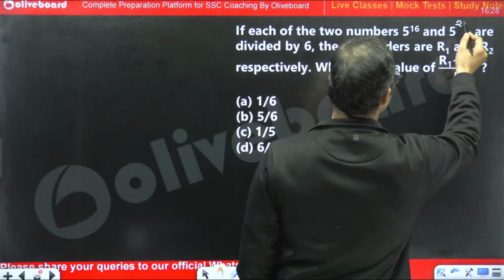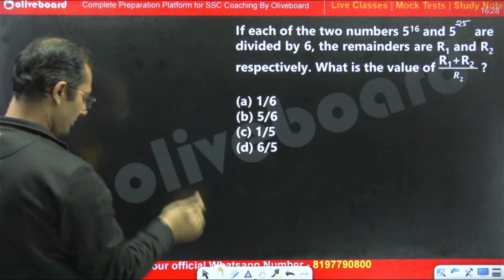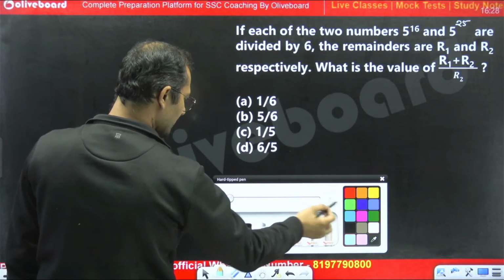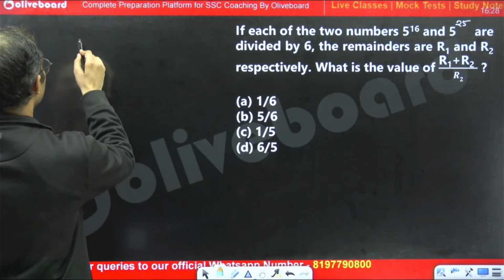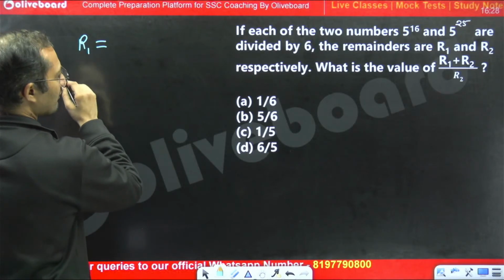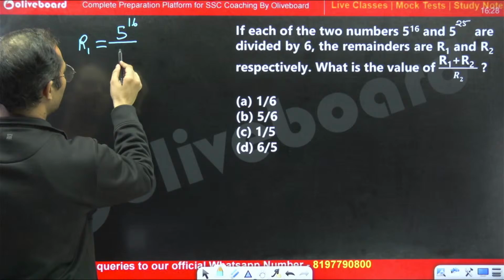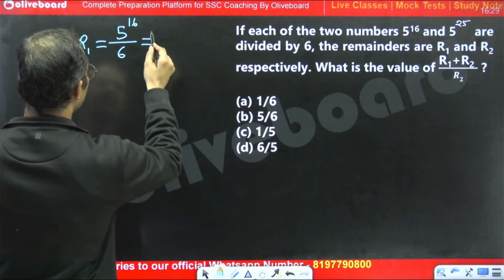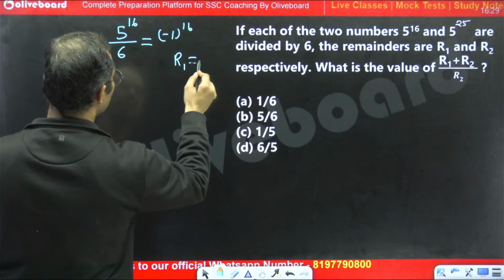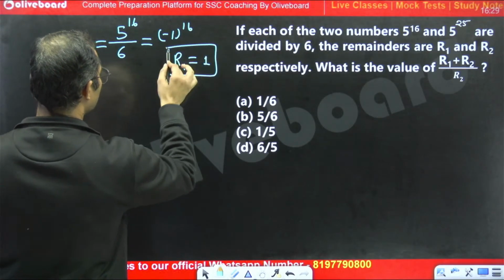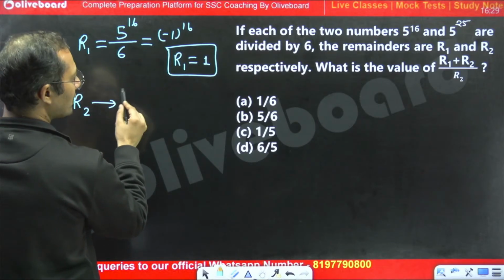So simply we can say that R1 is equal to what? 5 to the power 16 divided by 6. So the remainder is what? Minus 1 to the power 16. So R1 is equal to 1.